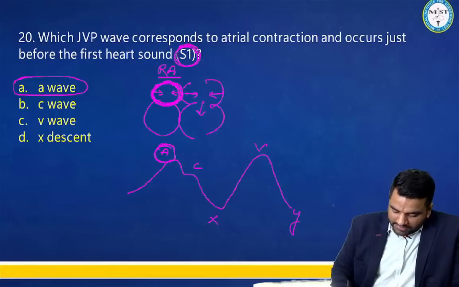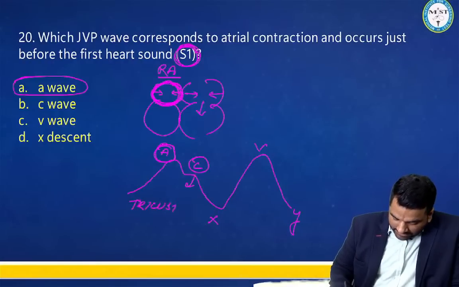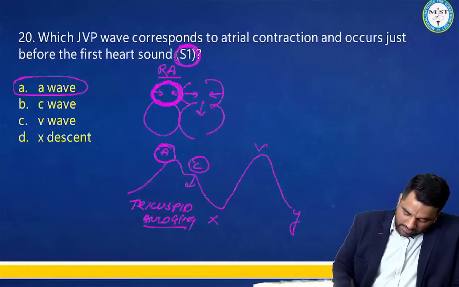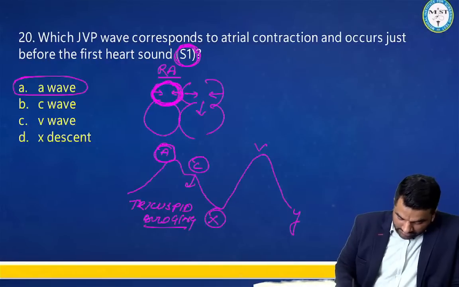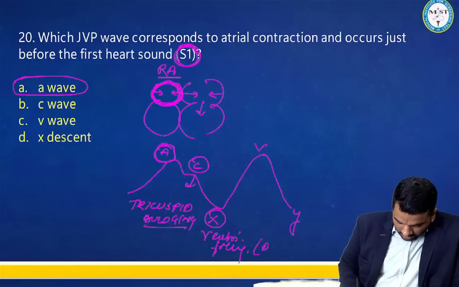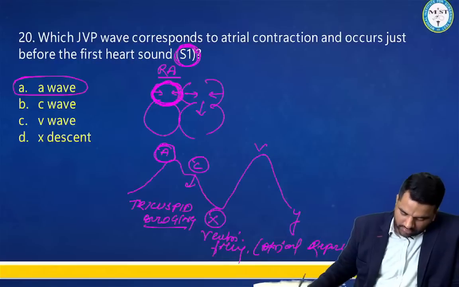Very good. C wave: this is due to tricuspid bulging. Then the X wave: this is due to the ventricular filling or atrial repolarization.